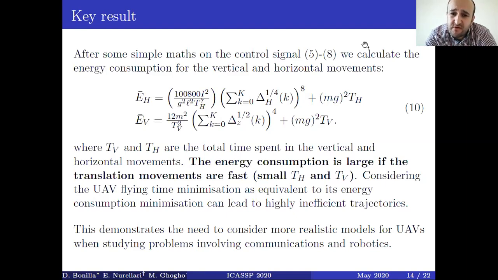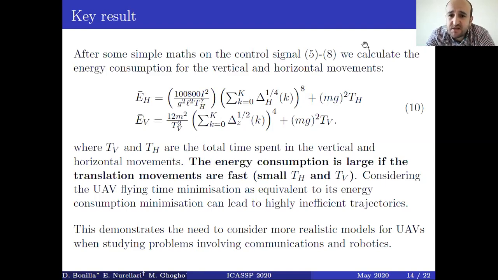Now, of course, this is very interesting. Some other current state-of-the-art papers adopt, as a minimization procedure, the equivalent of minimizing the flight time required to perform a tour, and obviously assume that this directly translates to energy consumption minimization.